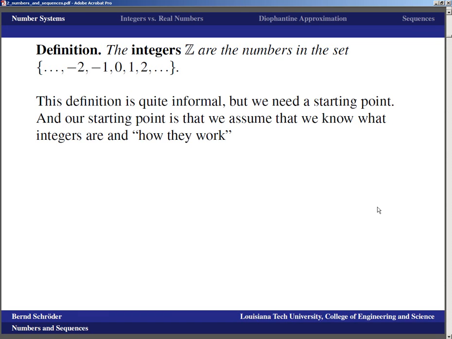So I'm not going to define what addition and subtraction is. I'm not going to define what multiplication is, and so on. And you may think, wait a minute, we have to define that. And yes, technically we would have to define that, and that's one of the things that the Fundamentals of Mathematics course is about. So we assume that we know addition, multiplication, and ordering, and all those other things.